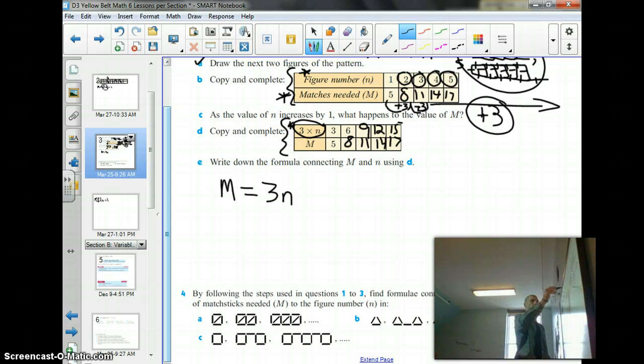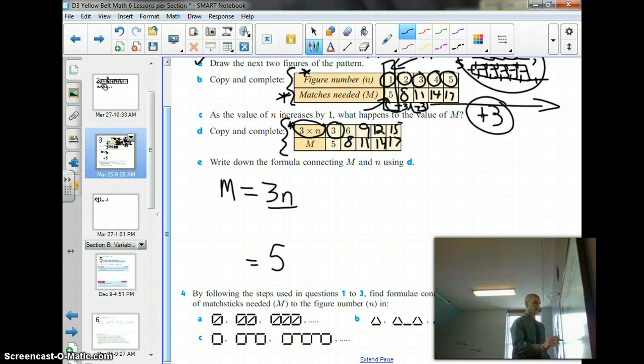Let's look right here. We're developing our formula. 3 times n is what? Well, n equals 1, 3 times n equals 3. But we need 5. So what are we going to have to do so that in the end it equals 5?